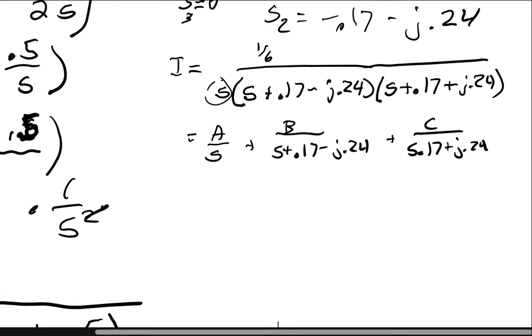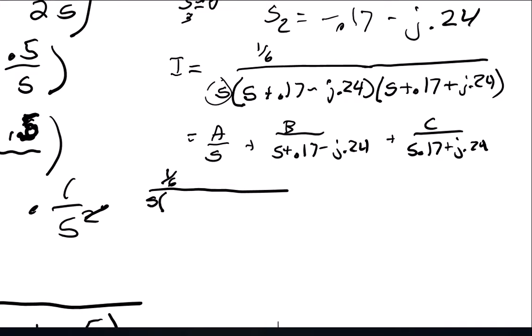So to find out what A is, I take my original fraction, 1 over 6 S plus 0.17 minus J 0.24 and S plus 0.17 plus J 0.24. And I plug in 0, only I take out this S term.